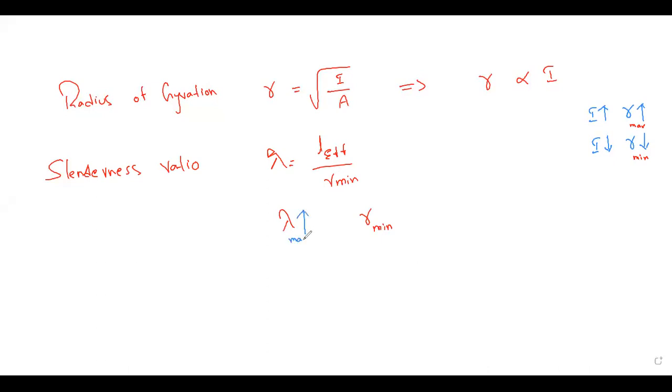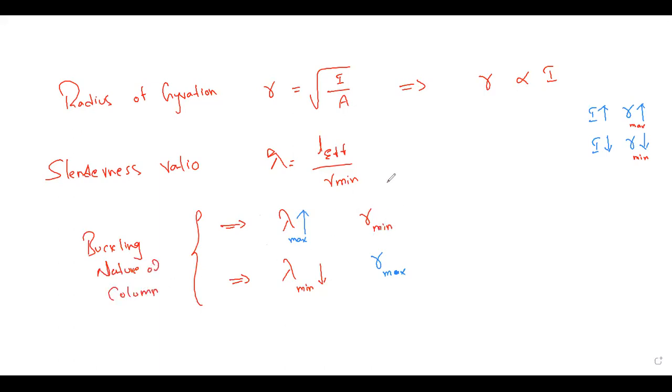When R is maximum, your lambda is minimum. These two are very important to decide whether the column will undergo buckling or not. So these things will decide the buckling nature of the column.